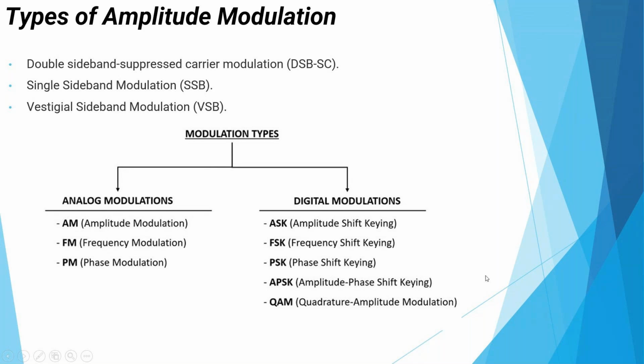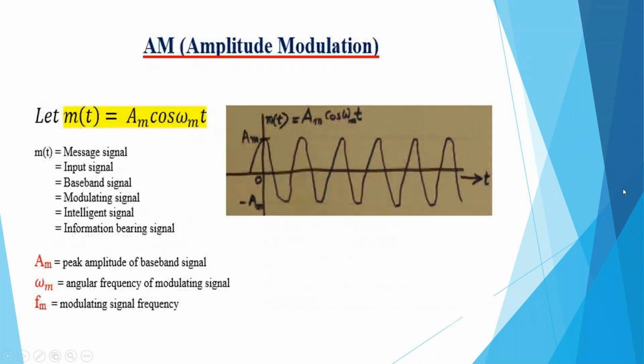These are the types of modulation. In the next slide, amplitude modulation is a mathematical tool that describes the modulation. Amplitude modulation is done by an electronic device called a modulator, but the modulating signal contains only the information, not the carrier frequency.